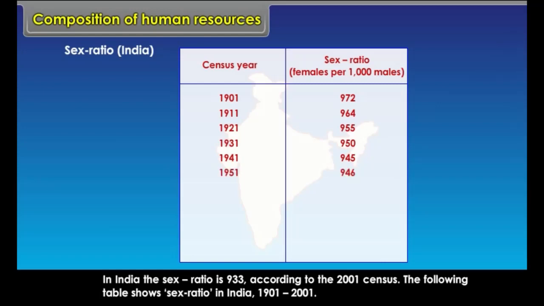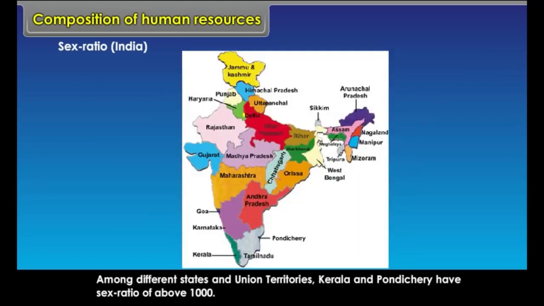In the year 1961, the sex ratio was 941. In 1971, it was 930. 1981, 934. 1991, 927. And in 2001, 933. Among different states and union territories, Kerala and Pondicherry have sex ratio of above 1000.